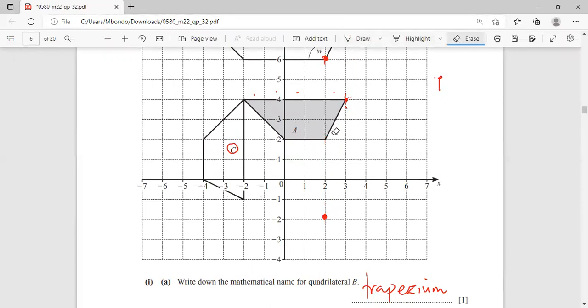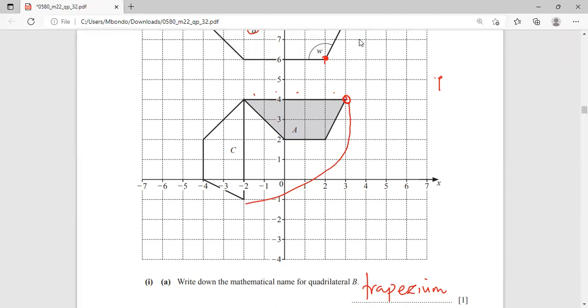This one was very simple, guys. If you hold this point and pull it this way, it will come here. If you also hold this point and pull it this way, it will be here.